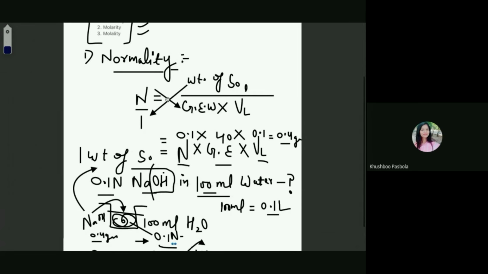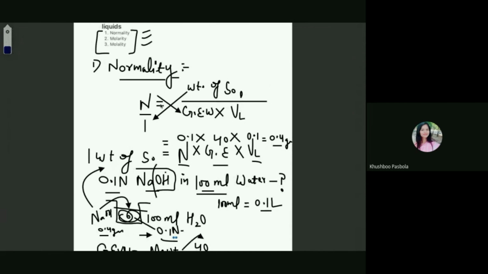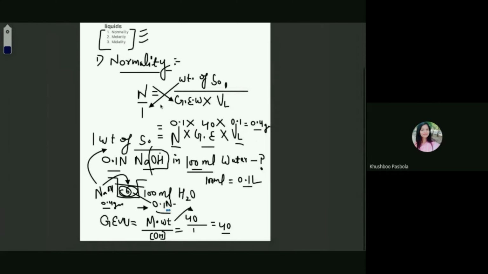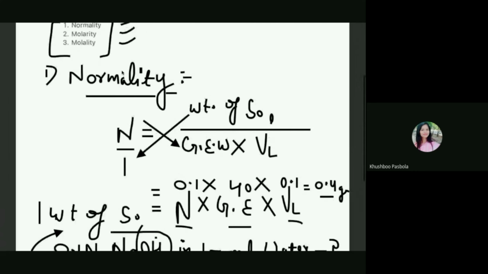So now what is molarity? This is about normality. Now what is molarity? Just write down the formula and you can easily understand about molarity as well. As you can see, there is a formula for normality.